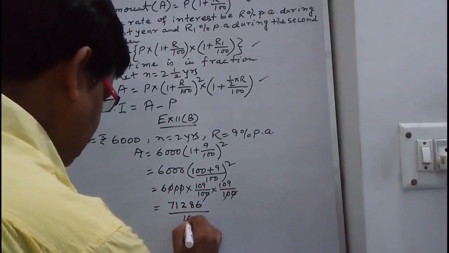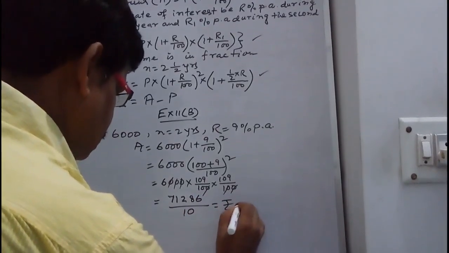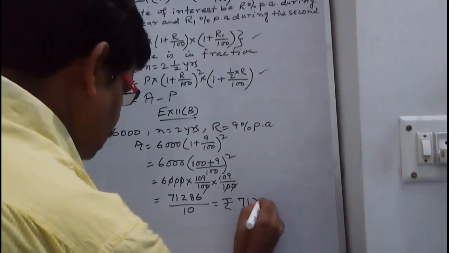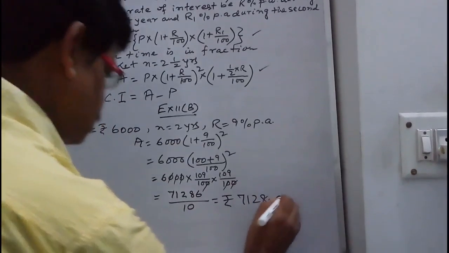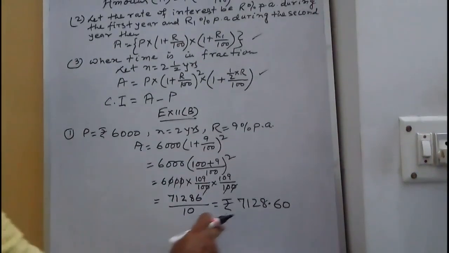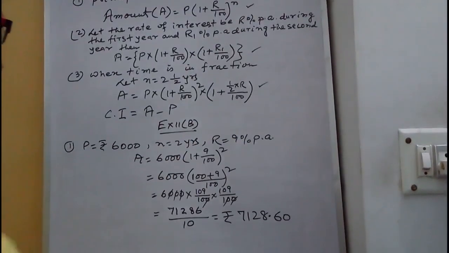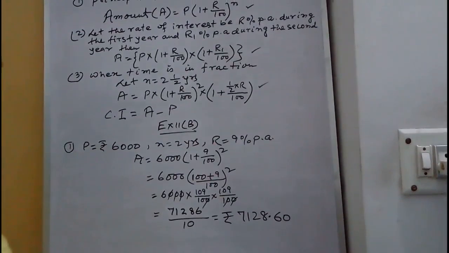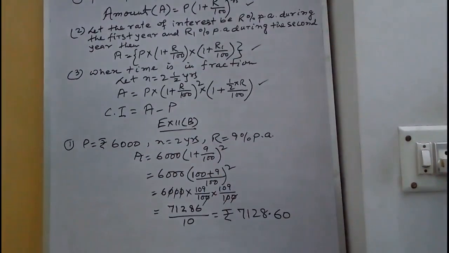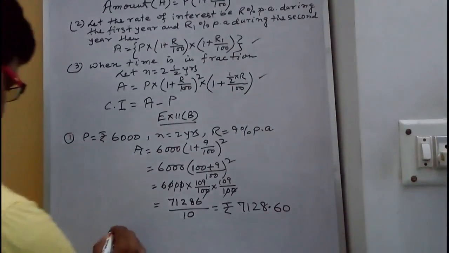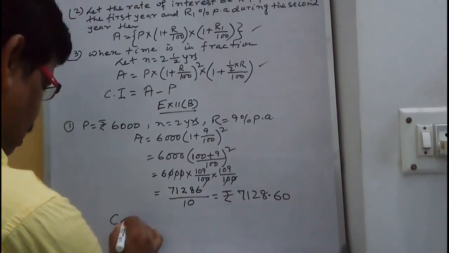By 10, that is equal to 7128.60. That is the value of amount where principal is 6,000, time is 2 years, rate of interest is 9% per year. Then find compound interest.